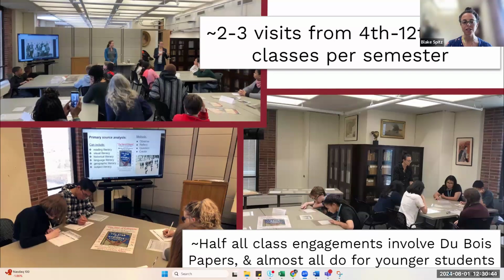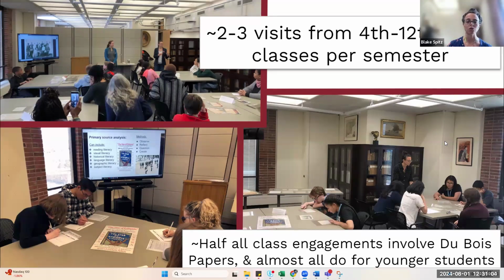We have maybe 40 to 60 classes visit a semester, usually close to 40 or 50. Undergrad as well, UMass students, Five College students, and about half of all of our class engagements involve the Du Bois papers to some degree. But almost all our class visits from younger students do, particularly 4th through 12th grade.